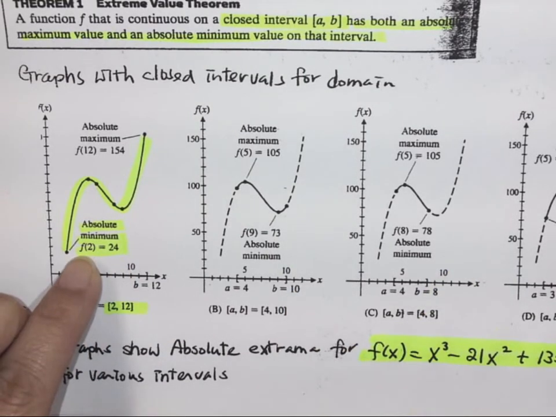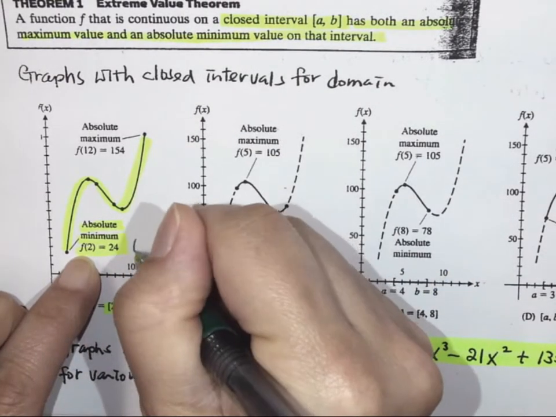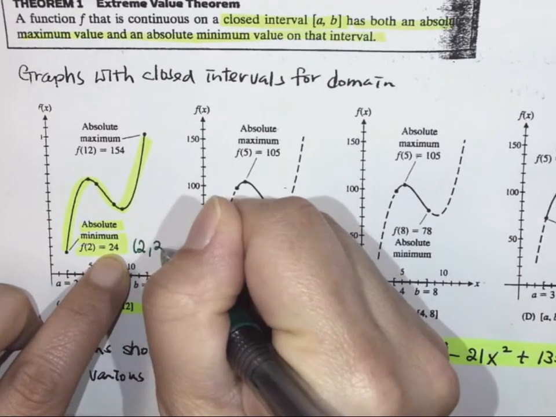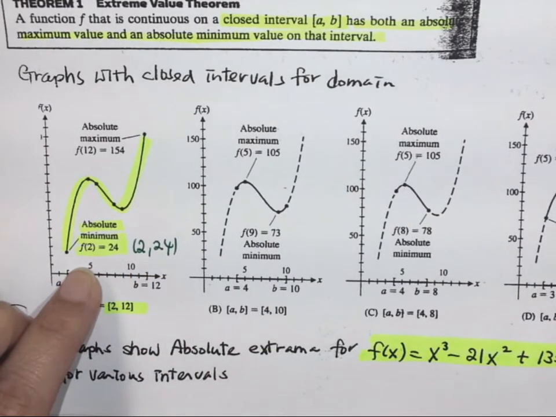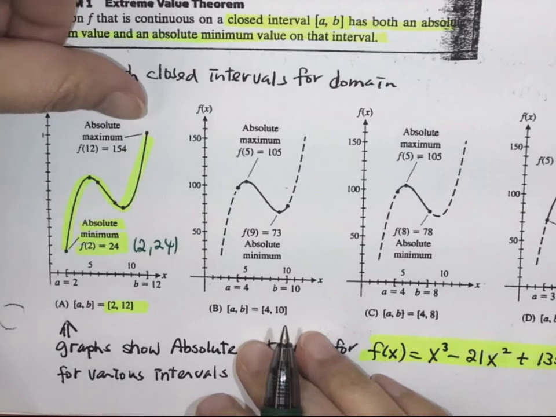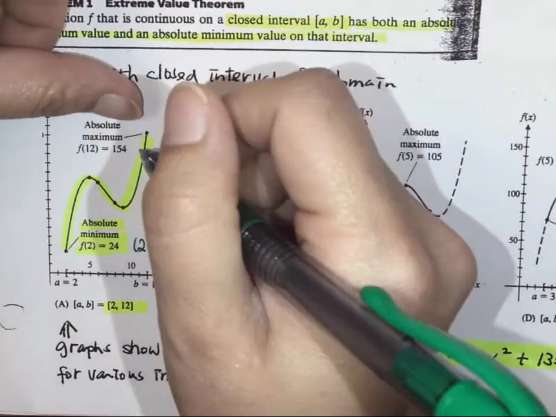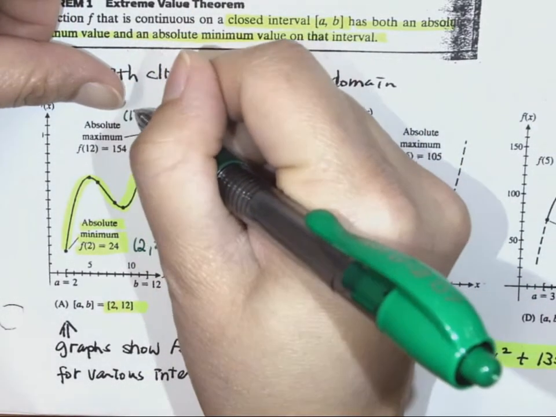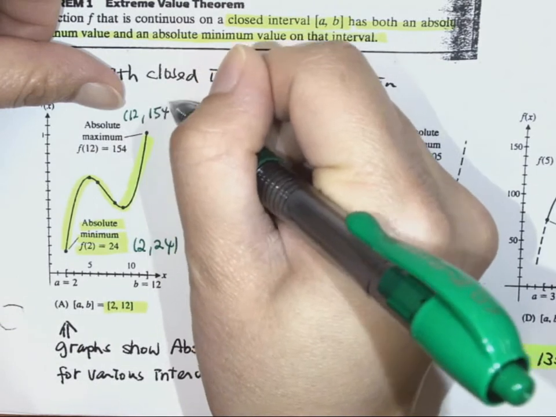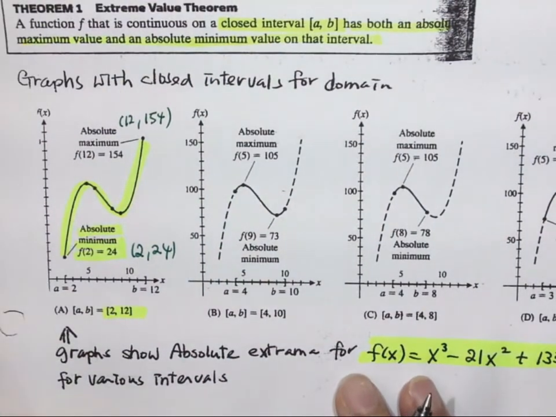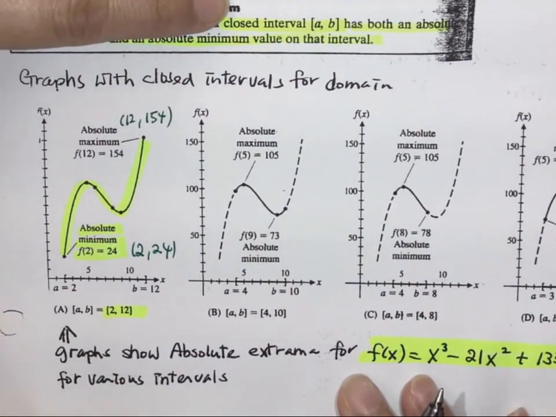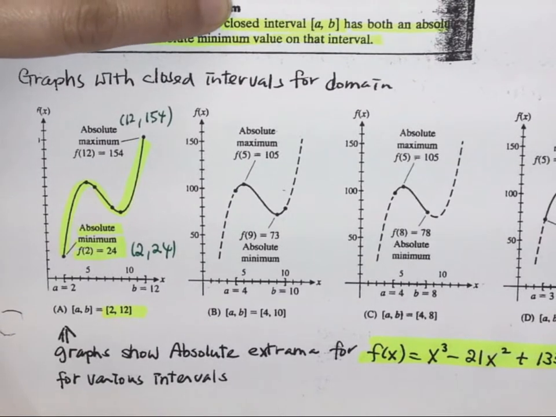So it means the x value is 2 and the y value is 24, right? And then I also have the highest point of the graph, which is when x equal to 12, y equal to 154, right?